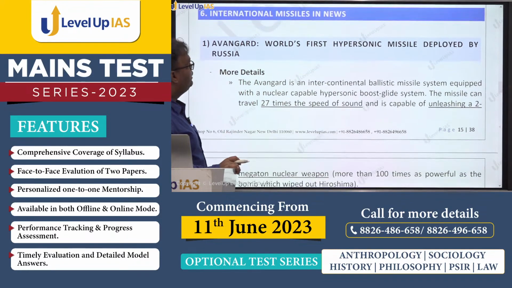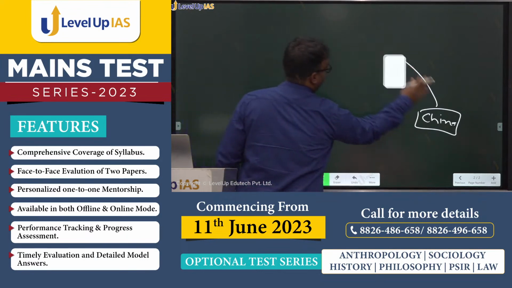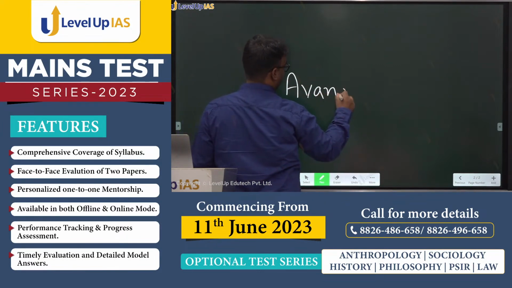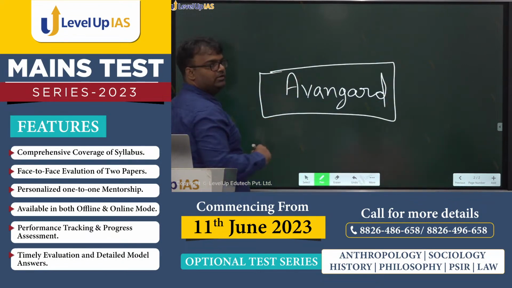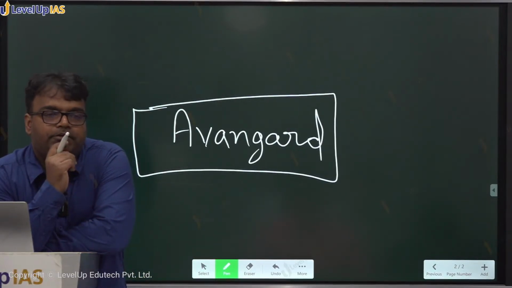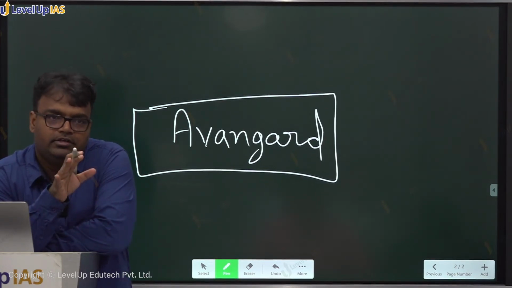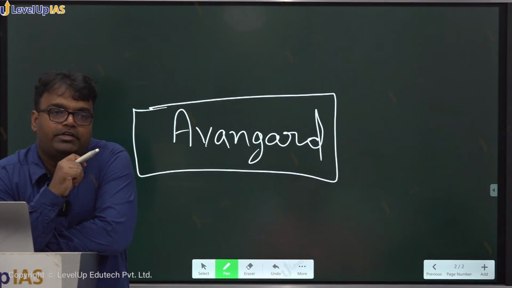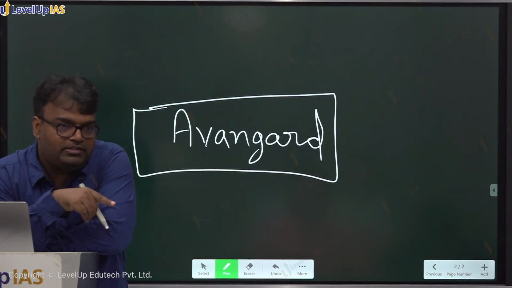One is this Avangard. Avangard is pretty important. This is a missile of Russia. Now it is a ballistic missile, but see, in ballistic missiles we know that when you launch a ballistic missile, the target is predefined. Now with a predefined target, what happens? It's easy to target the missile because once you know there is this missile coming, you can track its path.